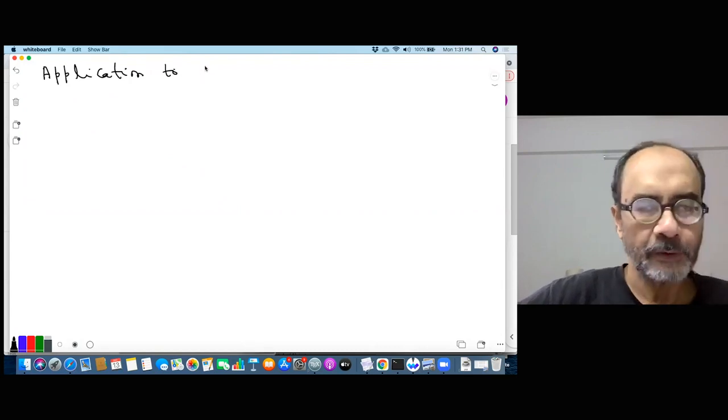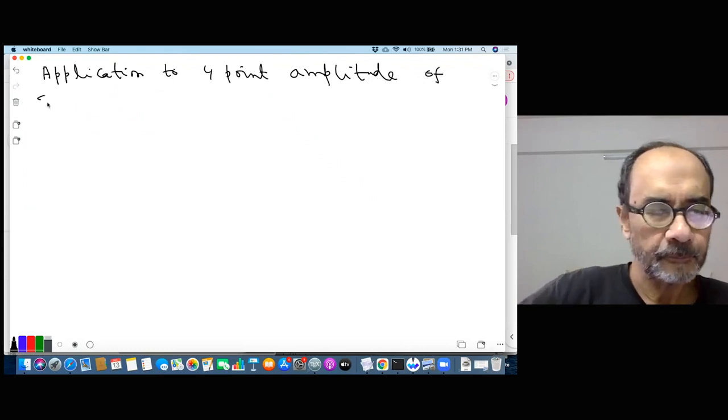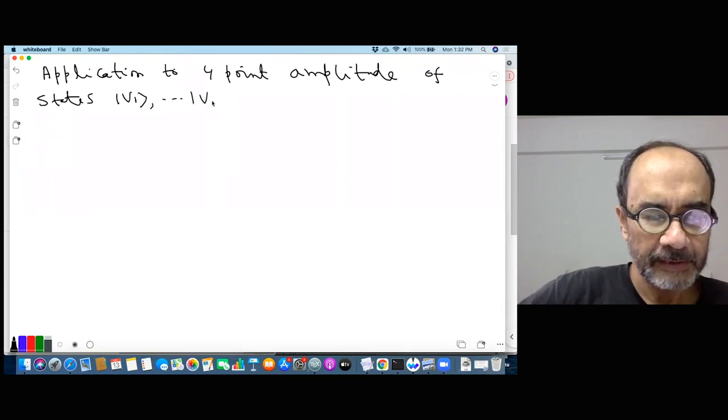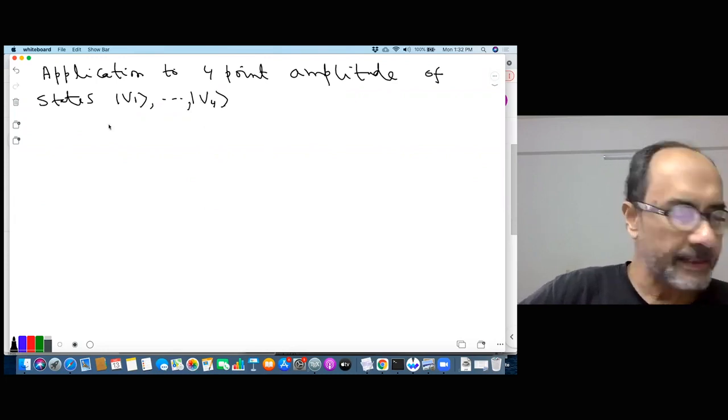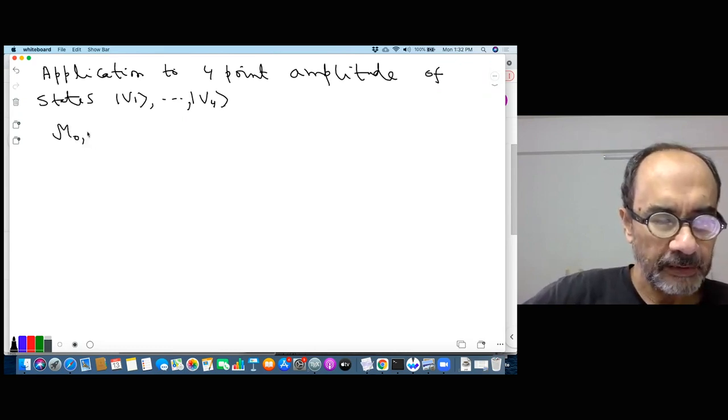So the 4-point amplitude of states V1 to V4. Right now let me keep them arbitrary. Later on, we'll restrict to on-shell states. So the relevant moduli space here is M04, which is 2-dimensional.